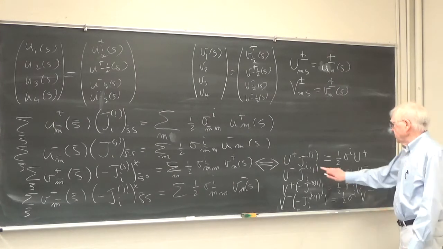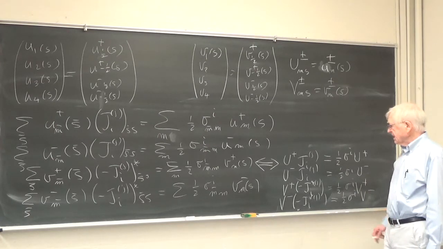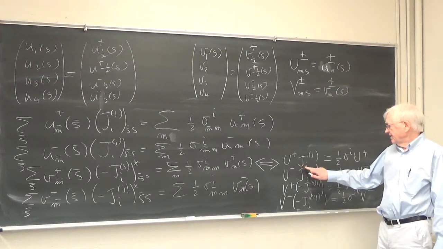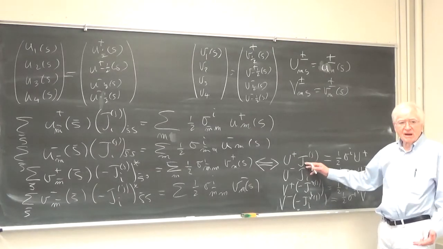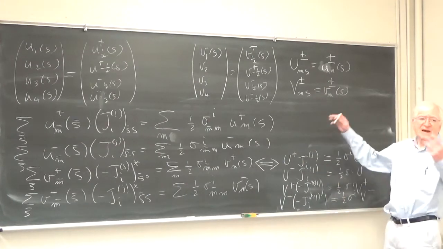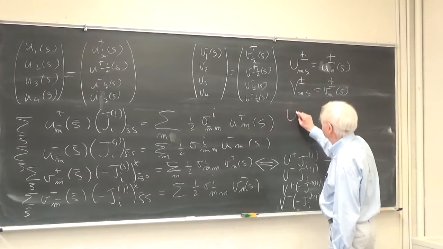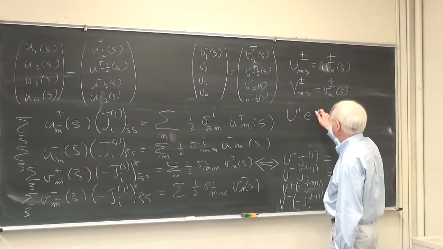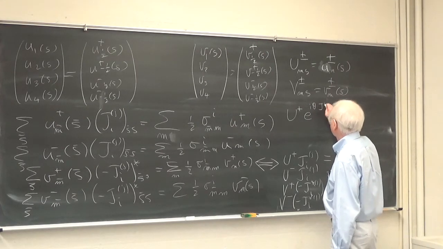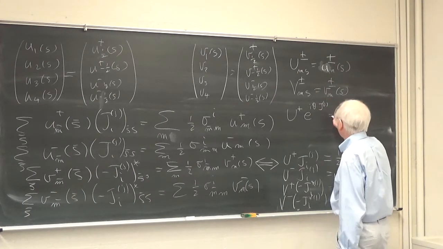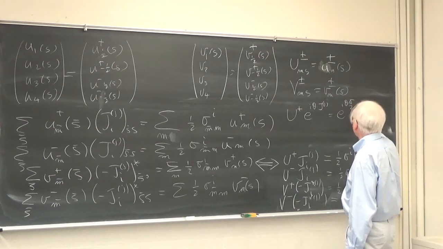And so what we could do with these equations is dot the J_i with a vector and then multiply by i, and then exponentiate it on both sides, and we could then have something like this: U plus e to the i theta dot J would be e to the i theta dot sigma over 2 U plus.